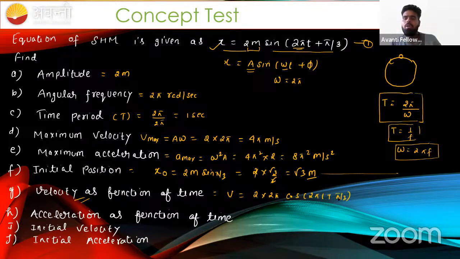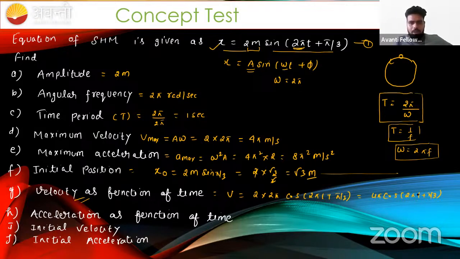I hope by using basic mathematics we know that the differentiation of sine theta is cos theta, and whatever term is multiplied with the variable we just put outside the differentiation. That's why we put 2 pi multiplied with 2, and this will be equal to 4 pi cos(2 pi t plus pi by 3).